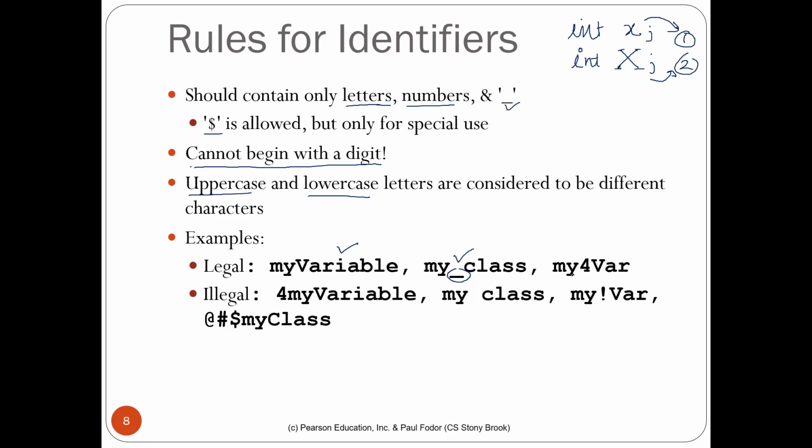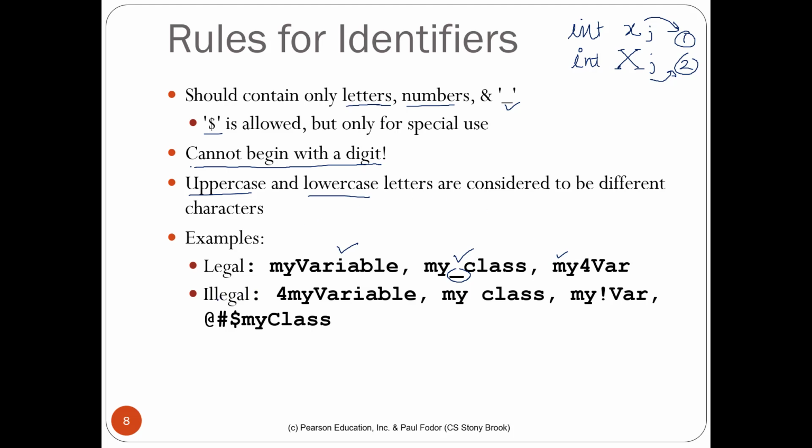How about the last one here? My, where, and we have a digit here, but the digit is not the first one. The first character of this identifier is M, which is a letter, so we are fine. If it was 4, then that was a problem. So all these three examples are valid or legal identifiers.